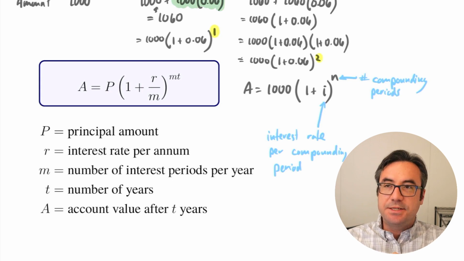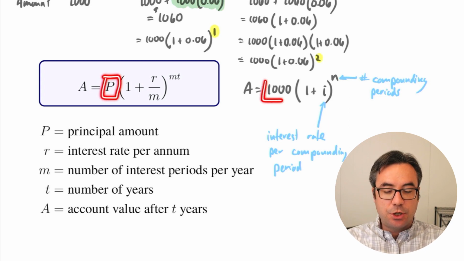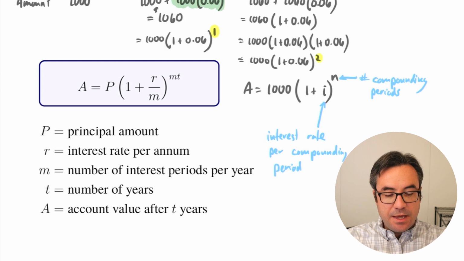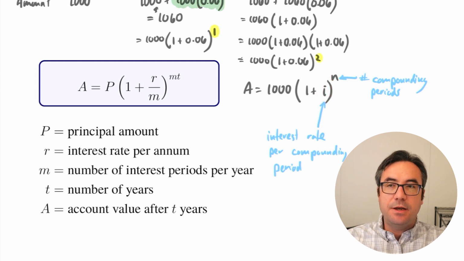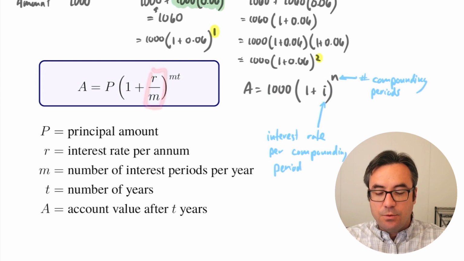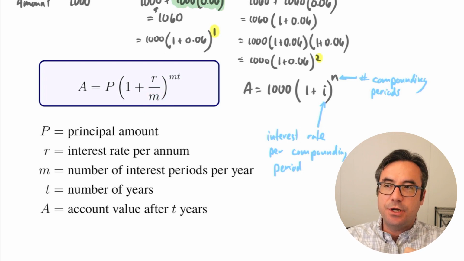Well, we can generalize this. The principal amount shows up as that number in front. For the interest rate per compounding period, if we want to look at different compounding periods, we just have to adjust this slightly. It's going to be the annual interest rate divided by the number of interest periods per year.